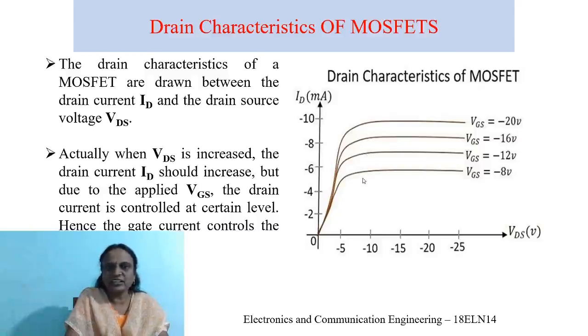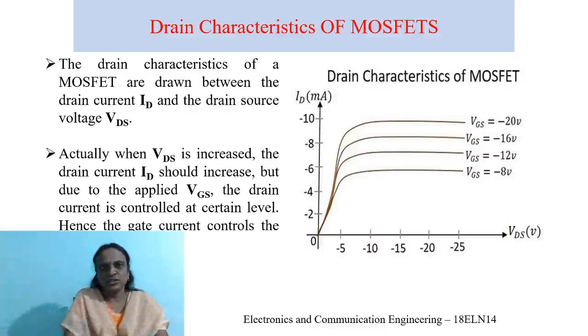Hence, the gate voltage controls the output drain current. This represents the drain characteristics of MOSFET, because it gives the relationship between ID versus VDS, where the unit of ID is mA, milliamps, and VDS is voltage. ID is the drain current, and VDS is the drain to source voltage.